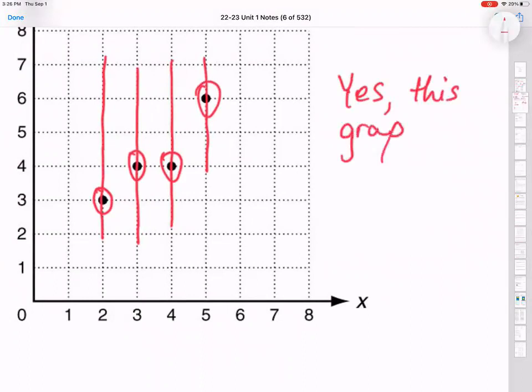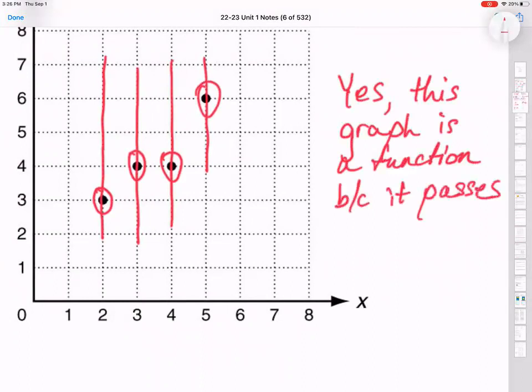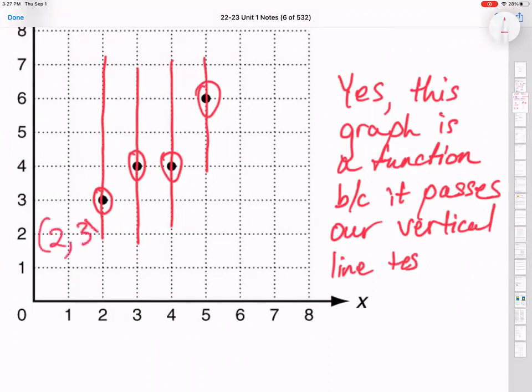This graph is a function because it passes our vertical line test. Now, again, this would be the point 2, 3 right here. This one would be, it looks like, 3, 4.